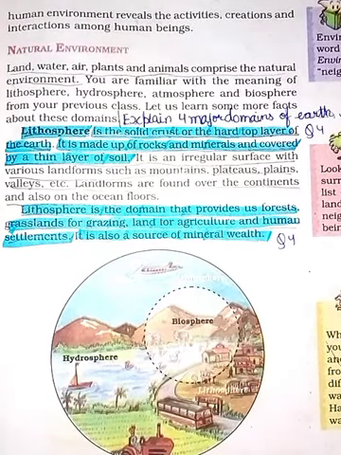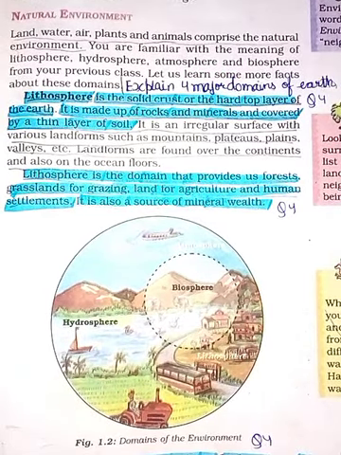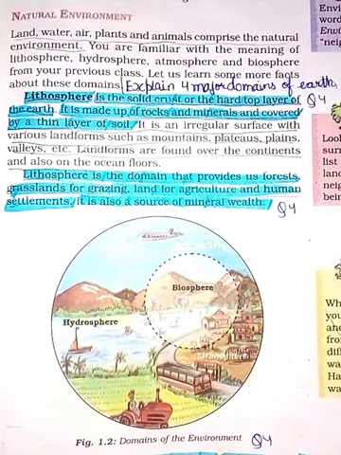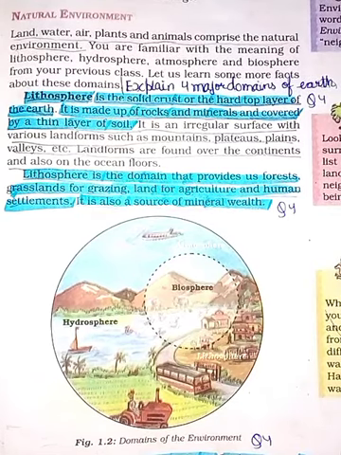Now let's talk about natural environment. Land, water, air, plants, and animals comprise the natural environment. You are familiar with the meaning of lithosphere, hydrosphere, atmosphere, and biosphere. Lithosphere is the solid crust or the hard top layer of the earth. It is made up of rocks and minerals and covered by a thin layer of soil.